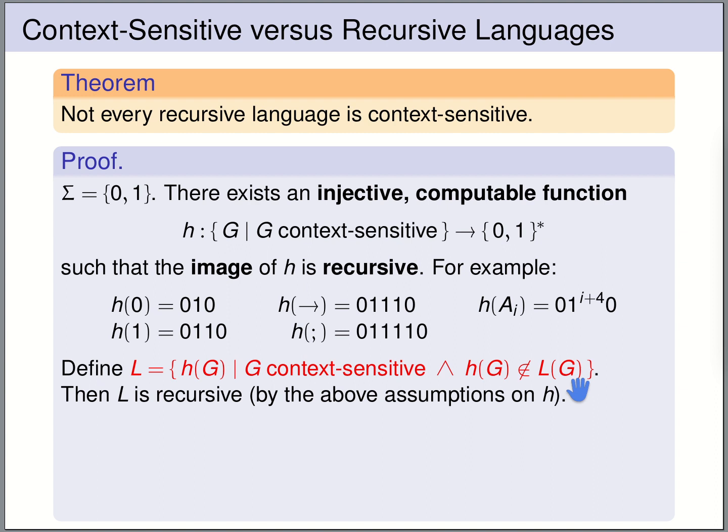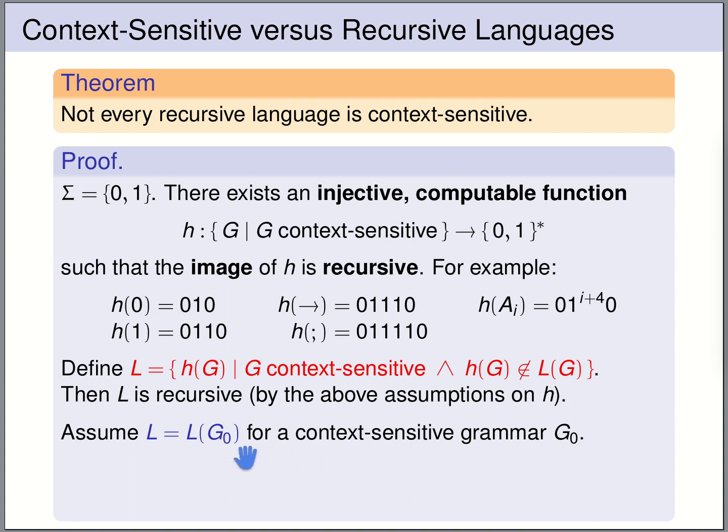We've already discussed that a linear bounded automaton can check whether a certain word is derivable by a context-sensitive grammar. So our Turing machine can check whether the code of G that is given as input is derivable by the grammar denoted by the code.